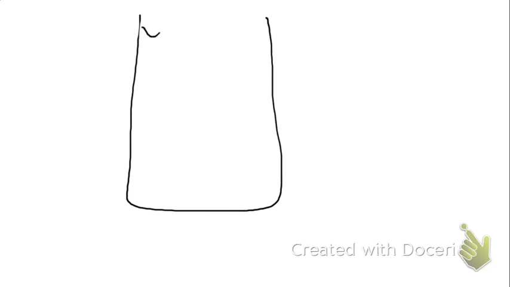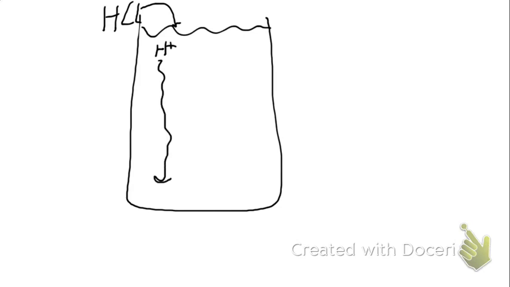So we have a strong acid. We have HCl. Here's our beaker. We're going to put HCl into our beaker. And so what we get, these protons are going to start at the top, and eventually they will move down to the bottom. And we can calculate this, right?